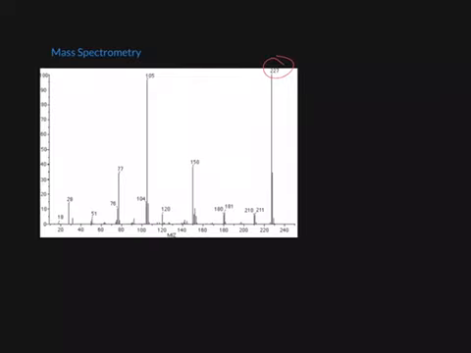So our M+ peak is 227. And then we are going to look for our base peak, which is the largest peak in the graph. That also happens to be 227. So our base peak is 227 as well.